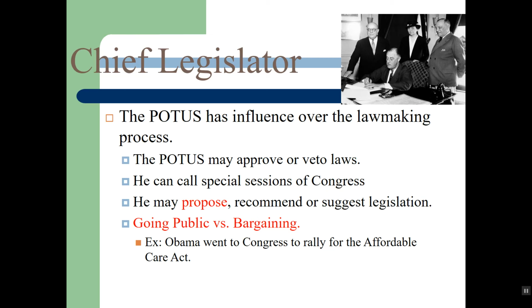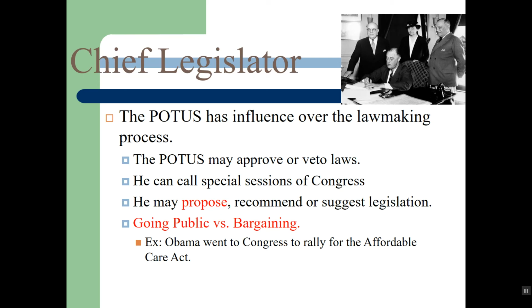But it also requires a great deal of give and take. So if the president isn't interested in compromising, his other alternative is to try going public. Going public is when the president uses his visibility as the leader of our country to speak directly to the American people, mobilizing voters to put pressure on Congress so that they will comply with his preferences.